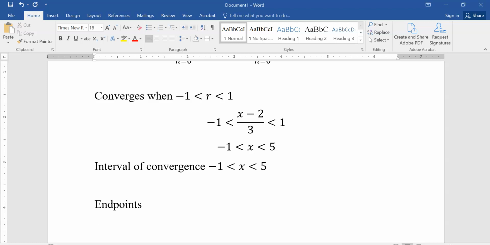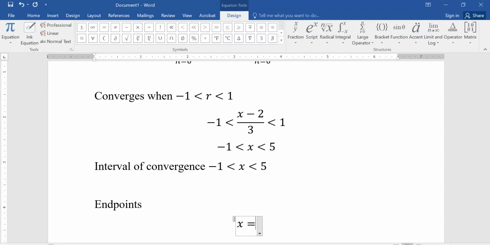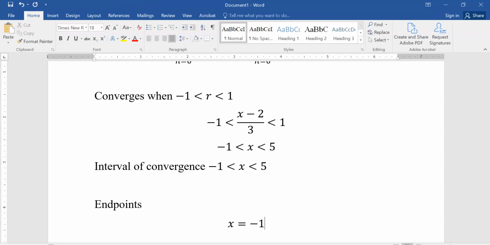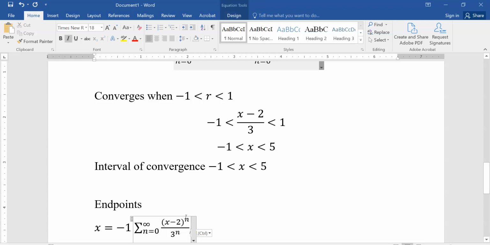if you plug in x as -1, what's this summation come out to? Well, think about what happens when x is -1. So we get -3 to the n over 3 to the n.